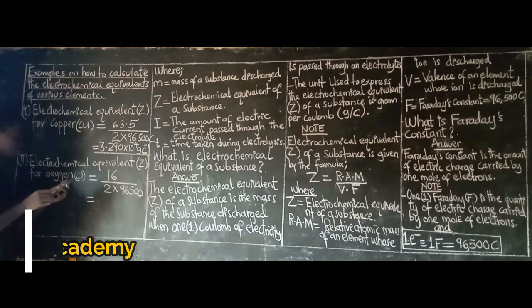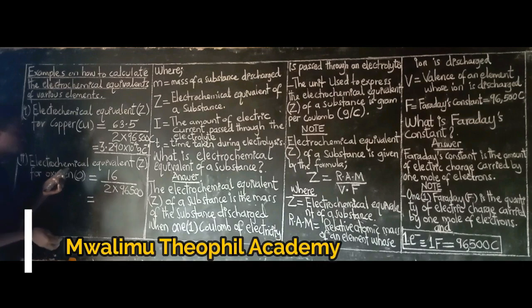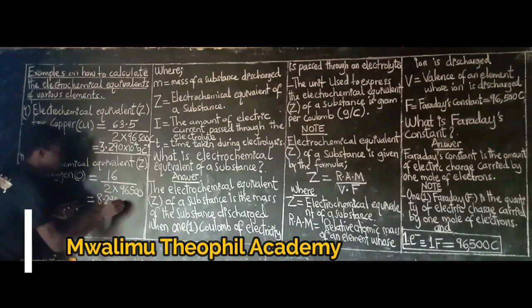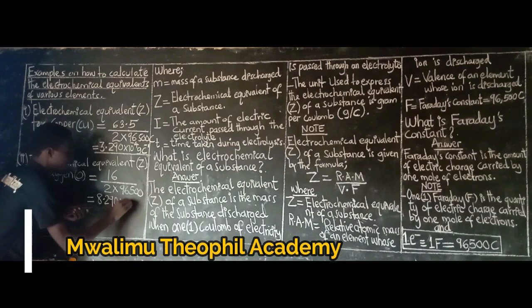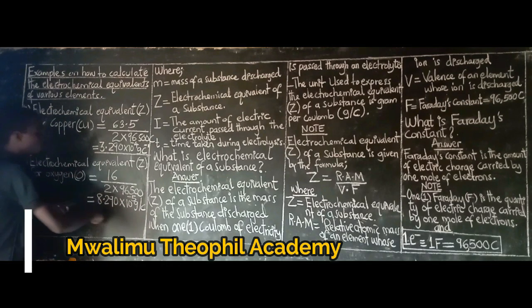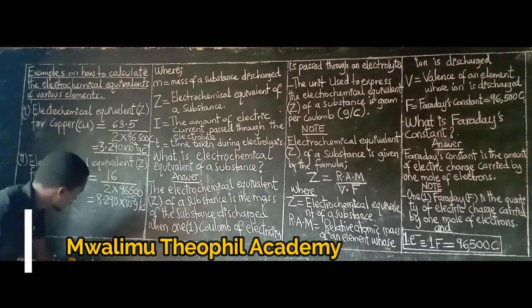The answer is 8.290 times 10 raised to -5 gram per coulomb. This is the electrochemical equivalent for oxygen.